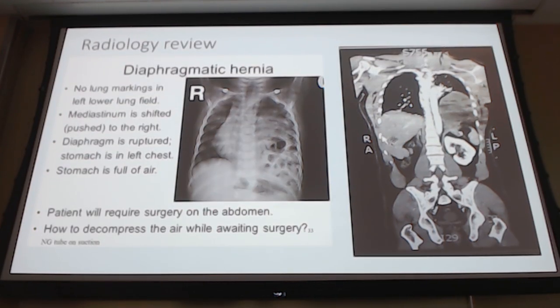Alright, diaphragmatic hernias, they can happen normally through a Bochdalek hernia or something like that, or traumatically, okay? You won't necessarily have any lung markings because whatever intestines or organs are up into the chest, it basically pushes the entire lung up.